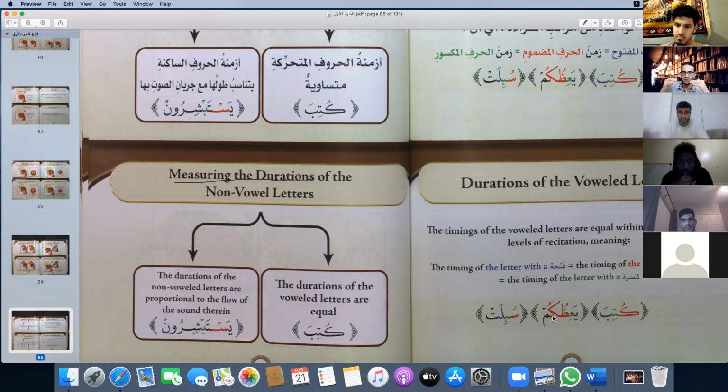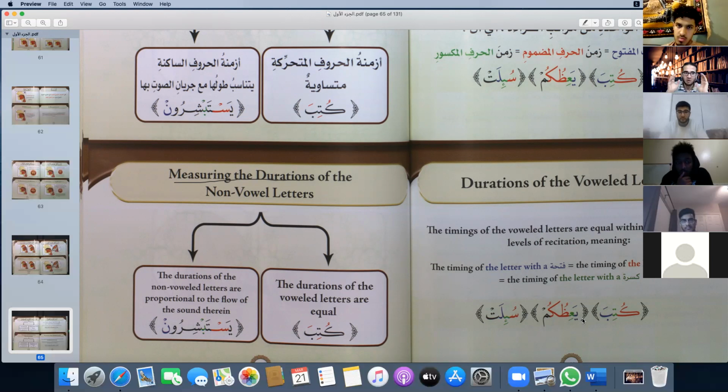So I have mixed letters. I have shidda, rakhawa, and in between. But all of them, except the meem, are they voweled or with sukoon? Voweled. All of them are voweled, but in terms of their qualities, they are mixed.